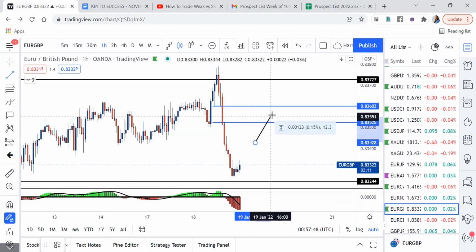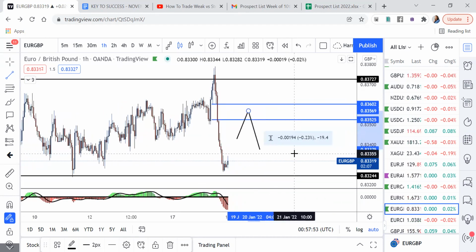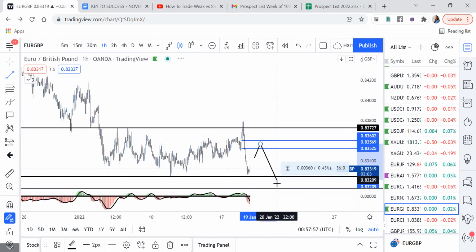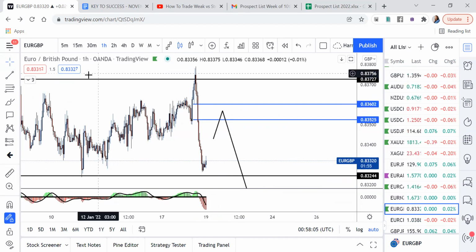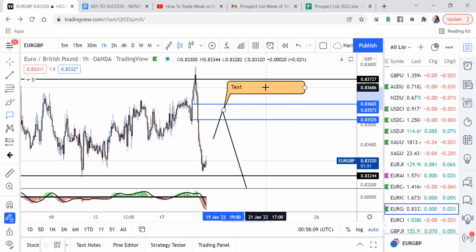All the euros are selling. Let's see if we could get a break of structure happening on EG. Just wait for this. So wait for this, wait for price to come up to here.